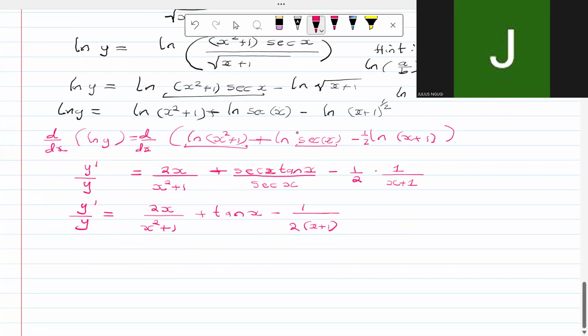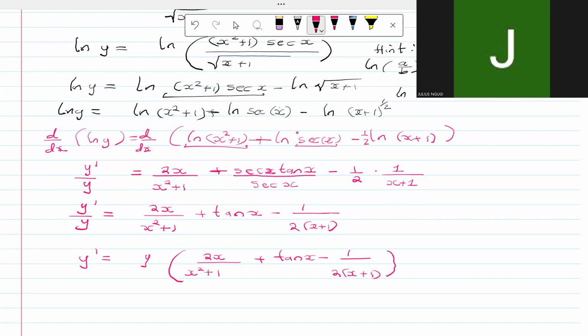Finally, because you wanted to find the derivative, you'll be left with y prime on one side equals, you multiply by y. So y is multiplying everything on the right-hand side: 2x over x squared plus 1 plus tan x minus 1 over twice in parentheses x plus 1.